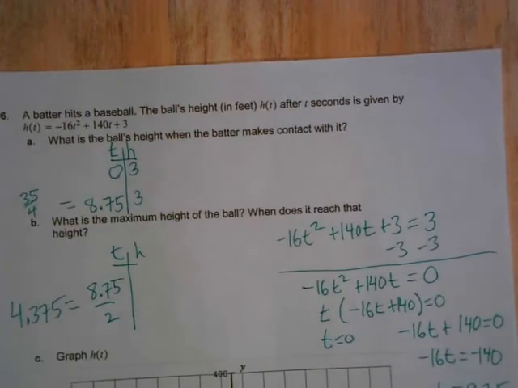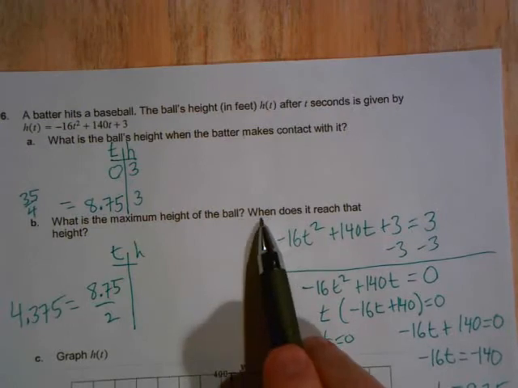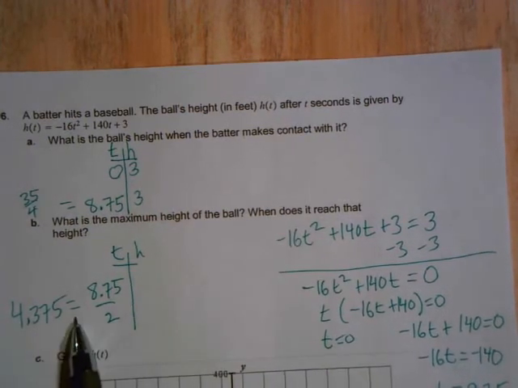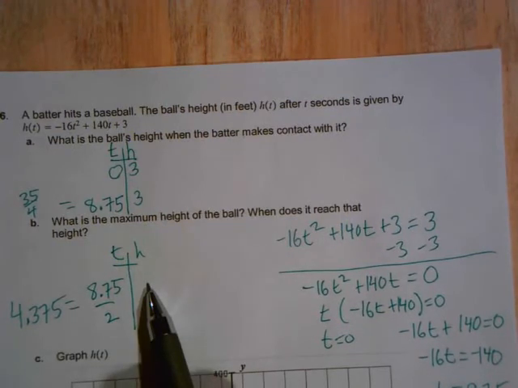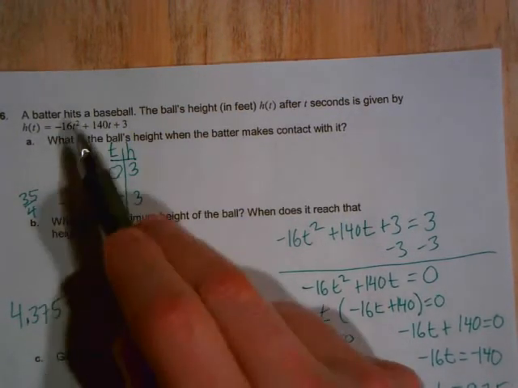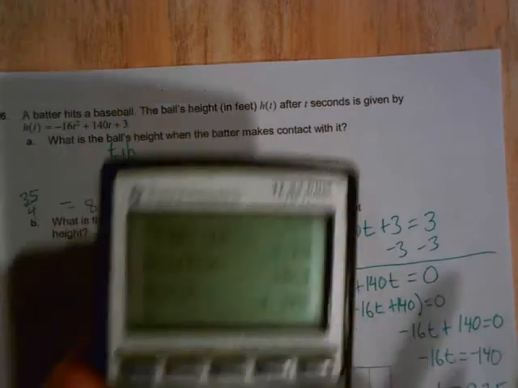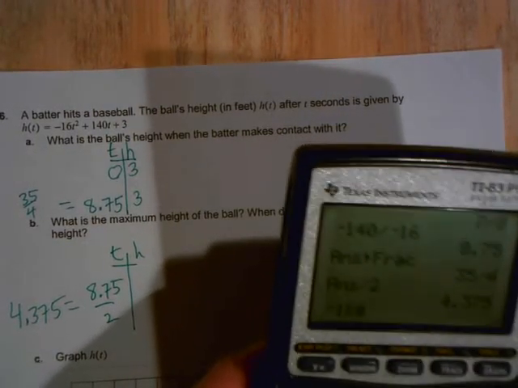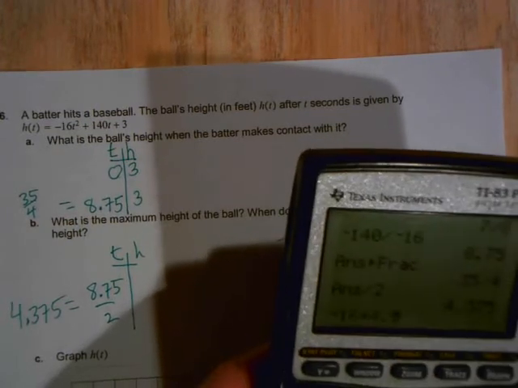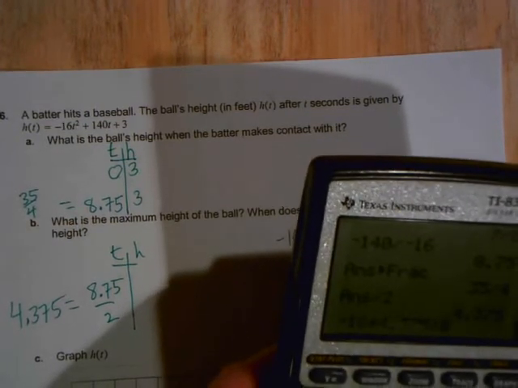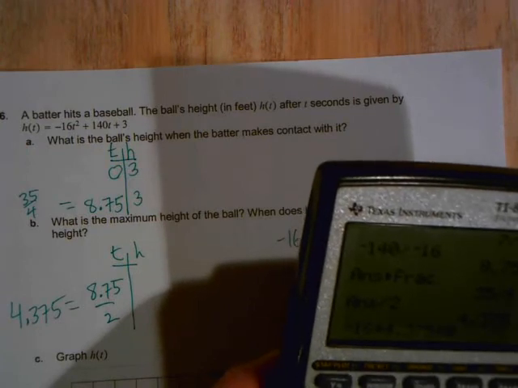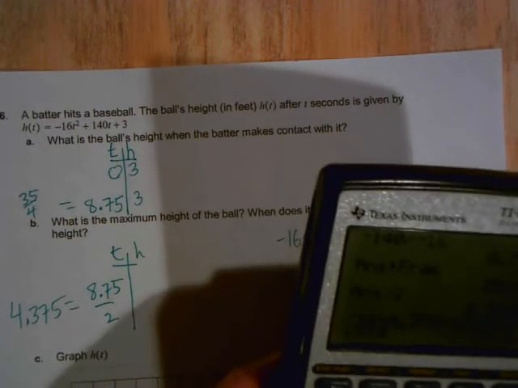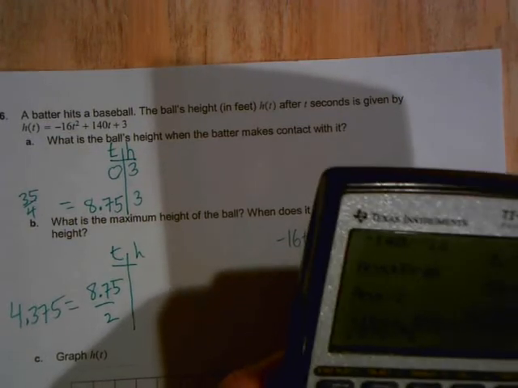So I've answered the second part. When does it reach that maximum? It reaches it at time 4.375. What's the height? I take 4.375 and I plug it in. Negative 16 times 4.375 squared plus 140 times 4.375 plus 3 is 309.25.